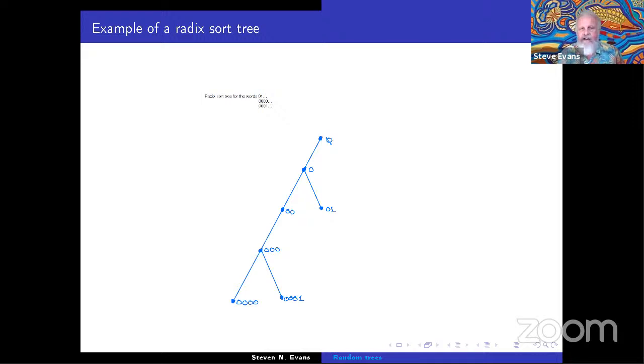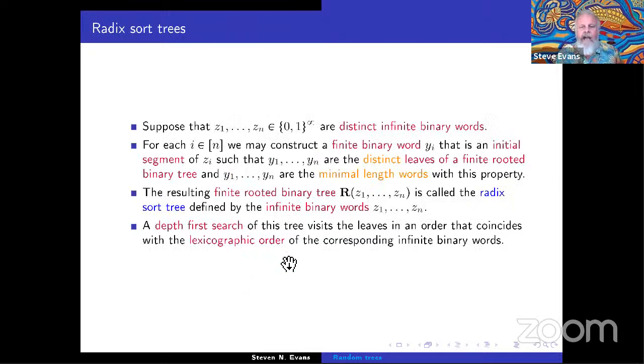We just need to go to the second digit to distinguish this first word from the other two, whereas for the second and the third one, we need to go to the fourth digit to distinguish those from each other. And so we can put them in a tree like this. There's a unique way of doing that.